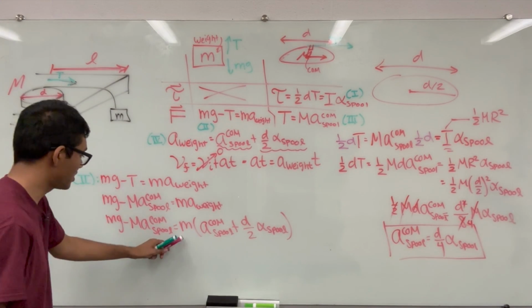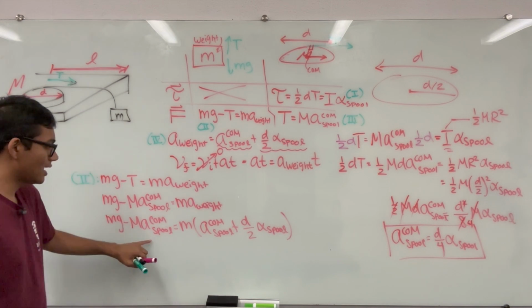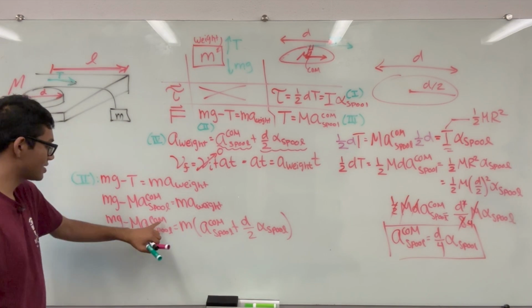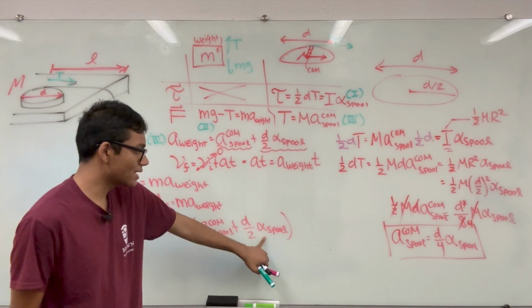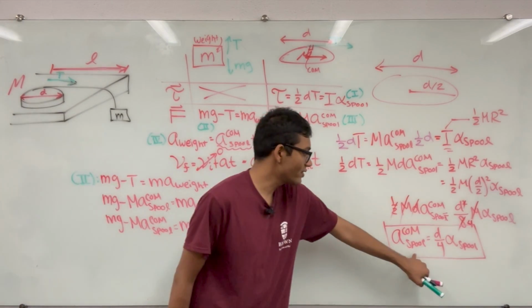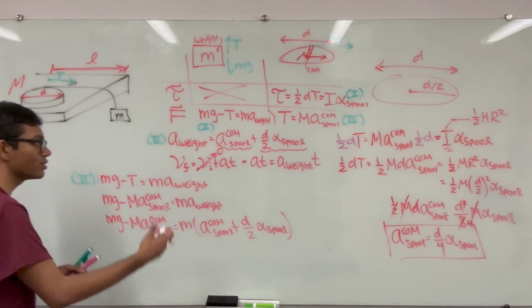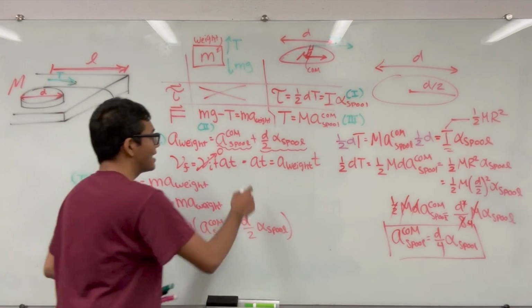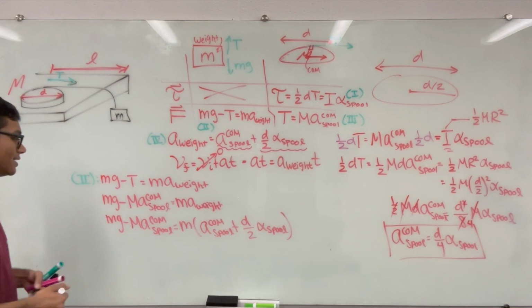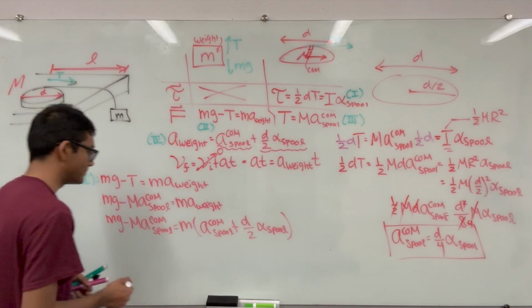And let's come over here to this equation. Now we have an equation in the acceleration of the center of mass of the spool and the angular acceleration of the spool. But we also have an equation relating these two variables, these two accelerations. So we can individually solve for each acceleration and then plug them in. That's the idea. So let's do that.